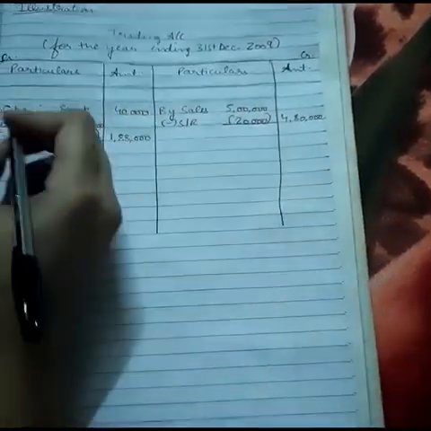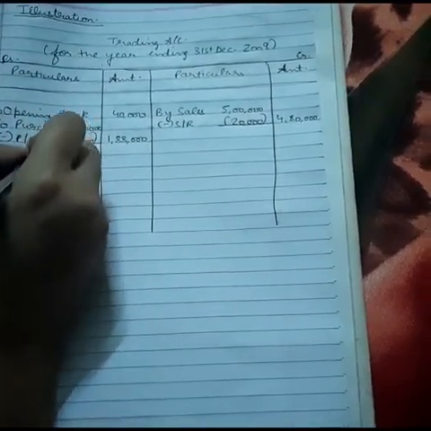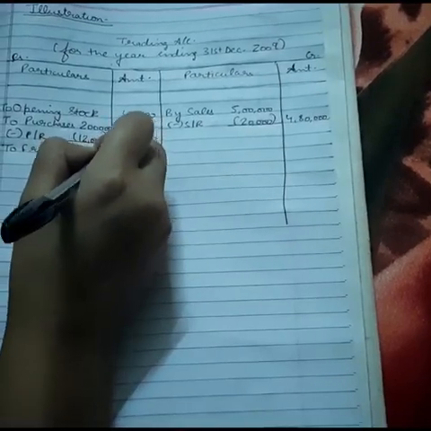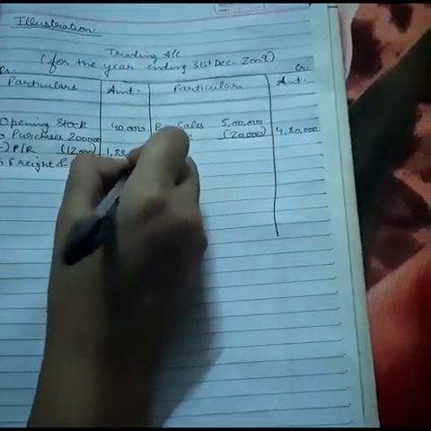The next is freight and octroi, which are the expenses. To freight and octroi, the amount is 6,500.